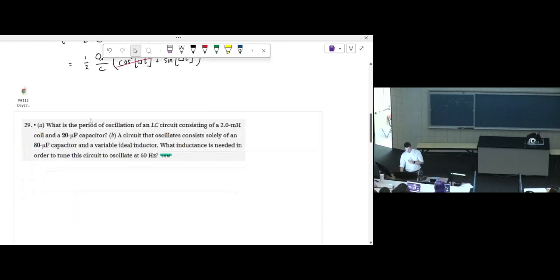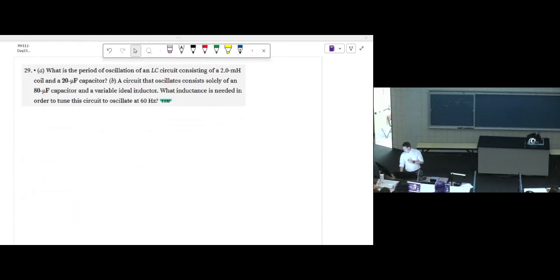There's day 23. Okay, so looking at the problem here, we have: what is the period of oscillation of an LC circuit consisting of a 2 millihenry coil and a 20 microfarad capacitor?